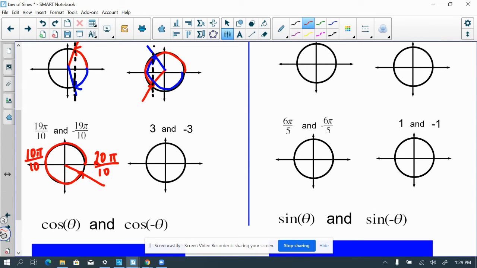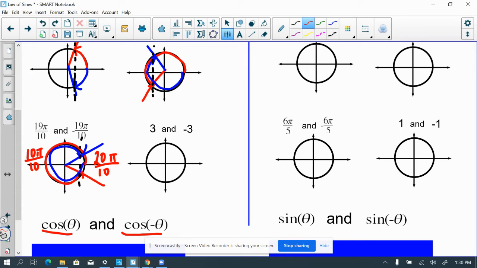So it's around there. It's definitely in the fourth quadrant. And the cosine is definitely positive because I had to go to the right to get there. If I rotate the other way, negative 19 pi over 10, I hope you can see that the cosines would be the same. The truth is, cosine of theta equals cosine of negative theta.